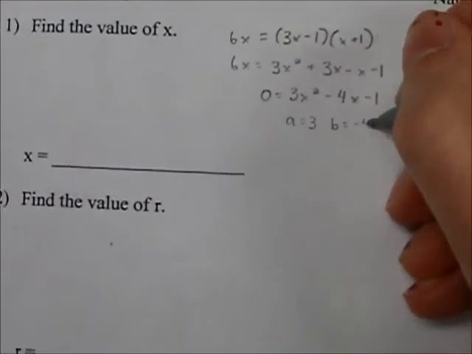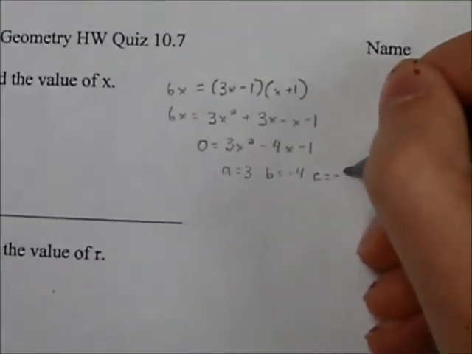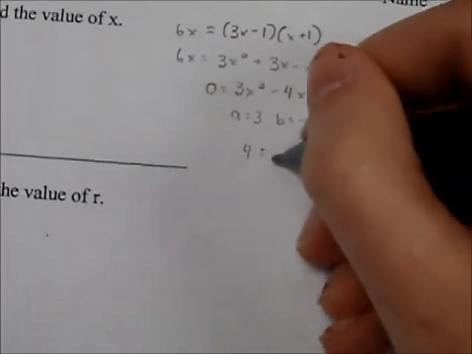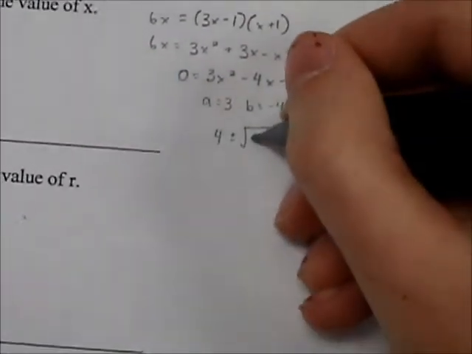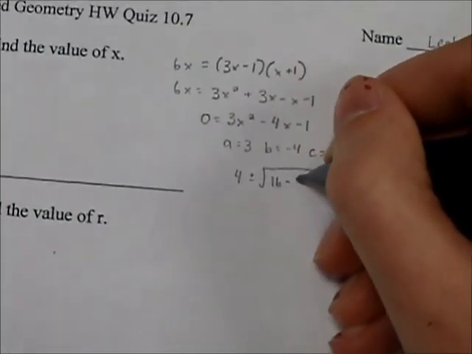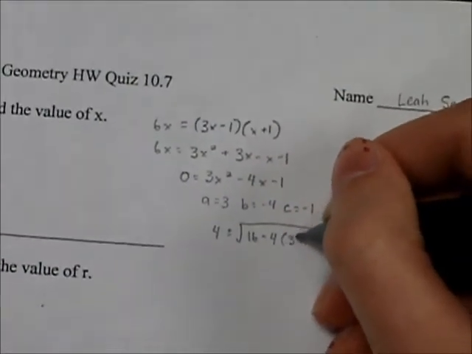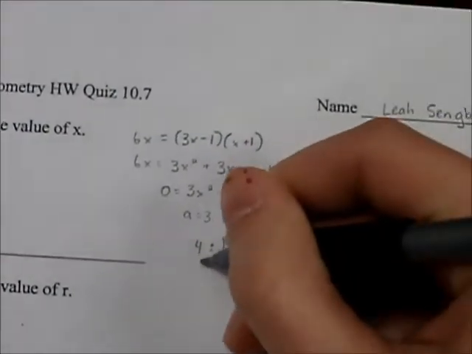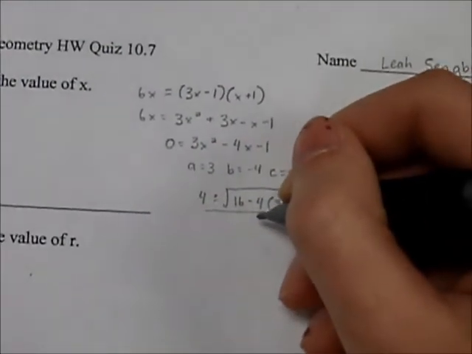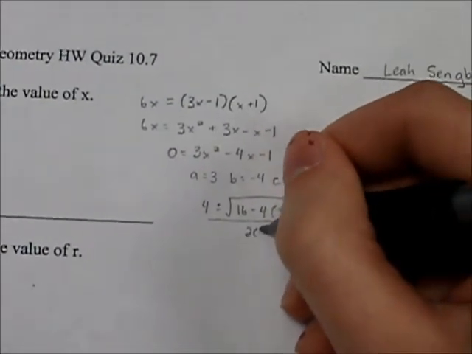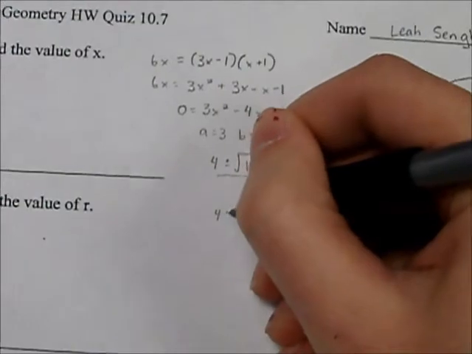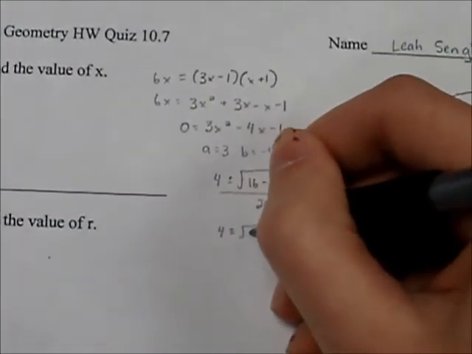And then you just solve, and we are going to use the quadratic formula to solve. So we just plug in what we know: 4 plus or minus the square root of 16 minus 4 times 3 times negative 1, all over 6. Simplifying that, we have 4 plus or minus square root of 28 all over 6.